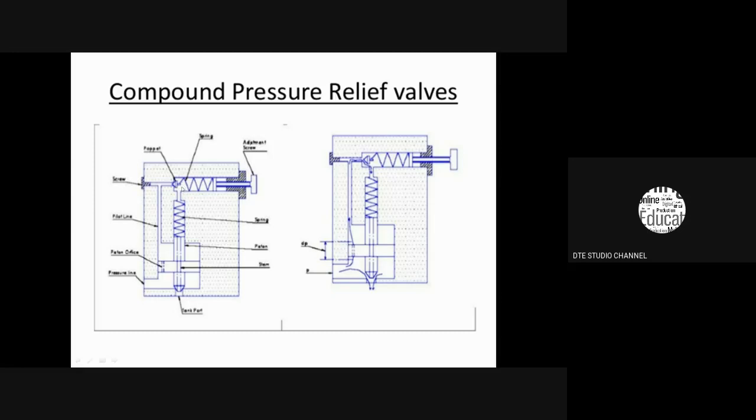Whenever the poppet is opened, some fluid enters the tank port and flows back to the reservoir. When this happens, the pressure of fluid at the top of the piston becomes less than at the bottom end. Two sides of a piston should have the same pressure, balancing must be there, but in this case the pressure at the top becomes less than at the bottom.